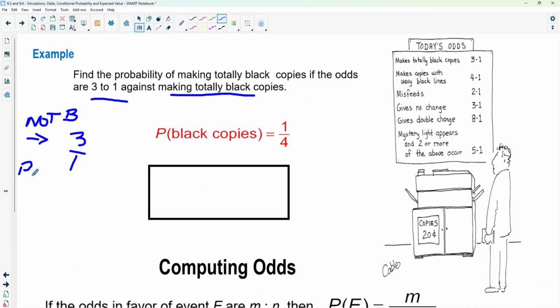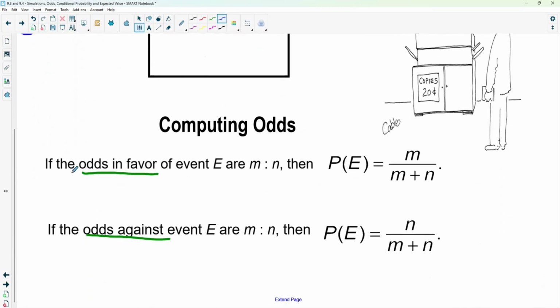Okay, that's what this represents. And I want to know how many totally black copies, how many blacks can I have? So that means it's 1 out of 4. So you see here, if you add 3 plus 1, that's 4. So 1 out of 4 is going to be the probability, because it's parts of a whole, the probability of making a totally black copy. And that's what it says here.